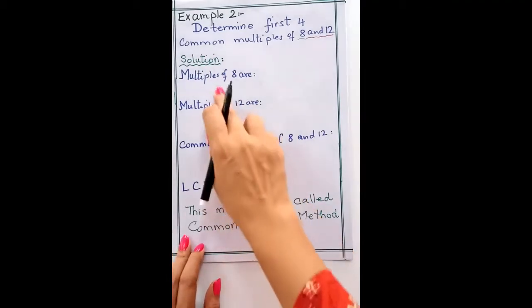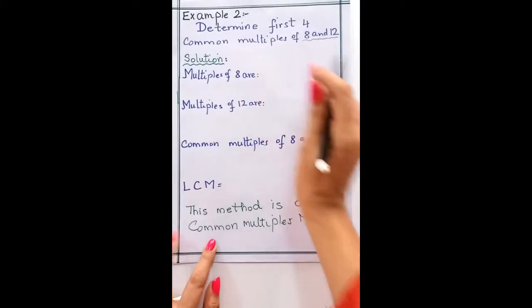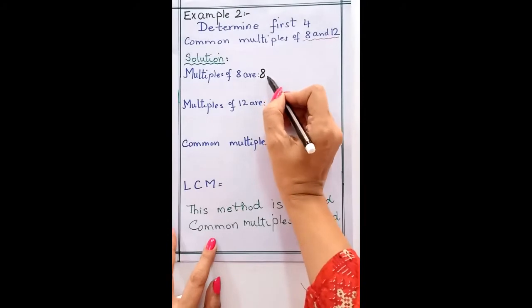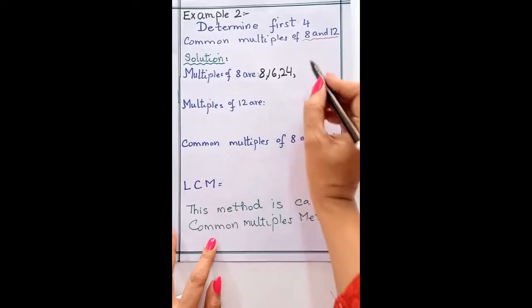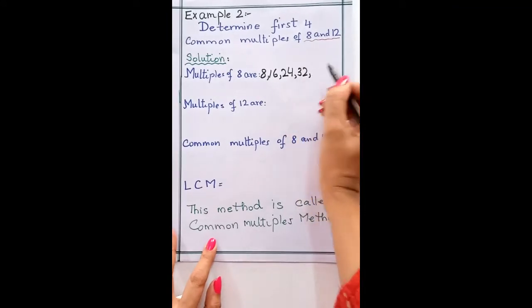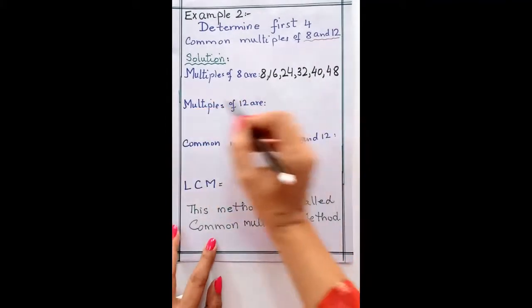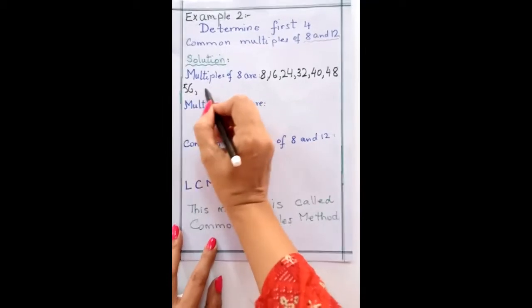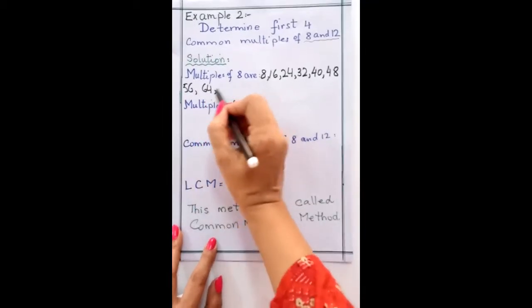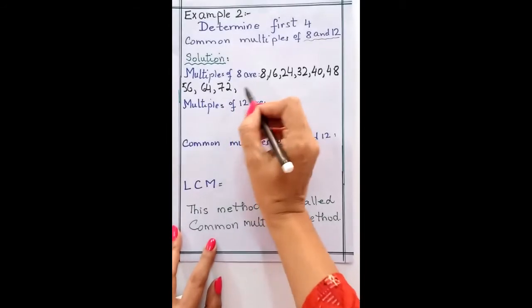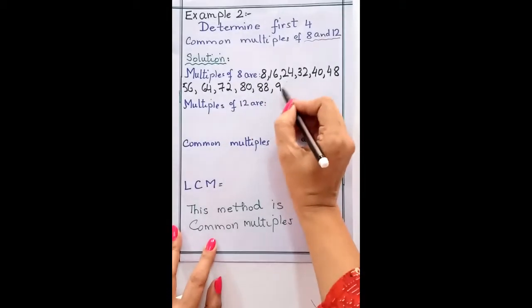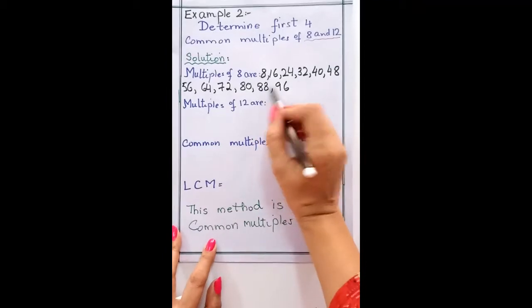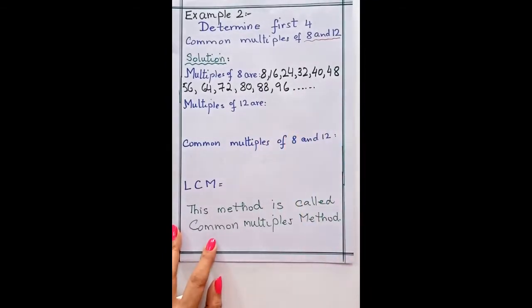Now solution is multiples of 8 are 8 ones are 8, 8 twos are 16, 8 threes are 24, 8 fours are 32, 8 fives are 40, 8 sixes are 48, 8 sevens are 56, 8 eights are 64, 8 nines are 72, 8 tens are 80, 8 elevens are 88, 8 twelves are 96 and so on.